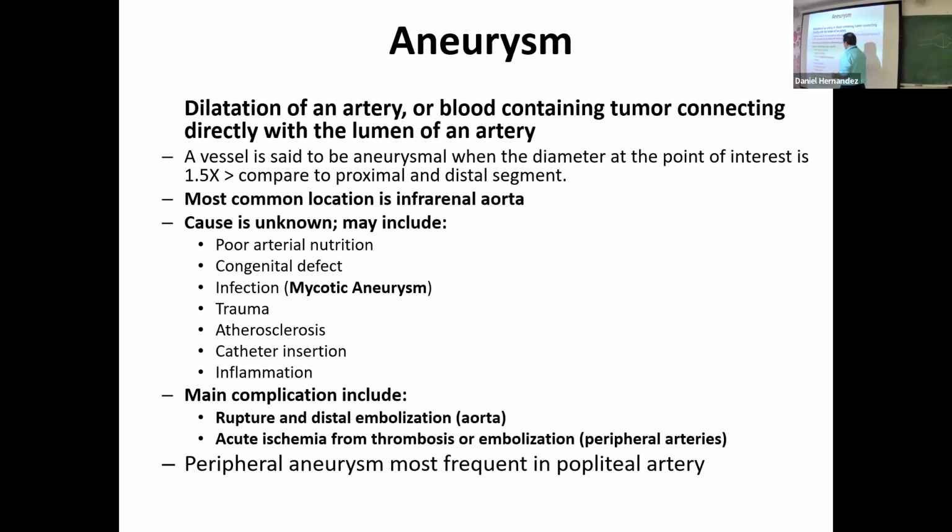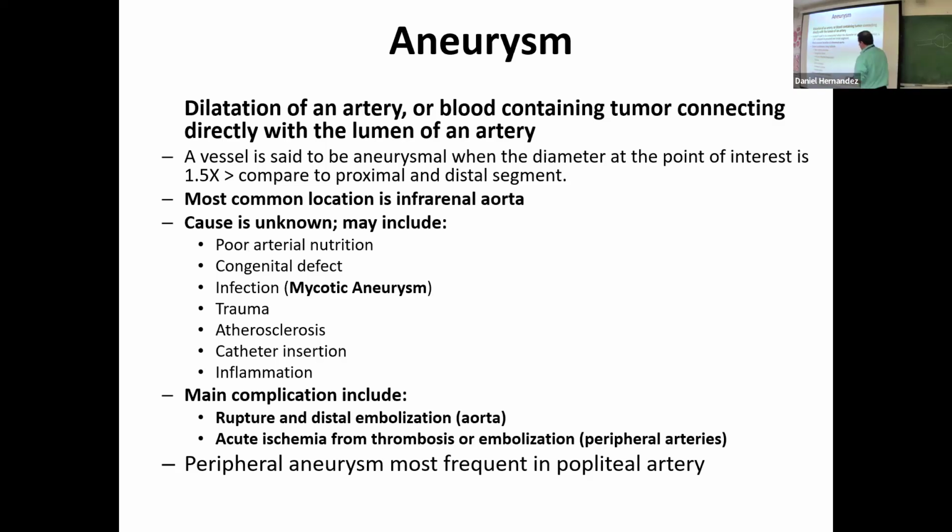With congenital defects, Marfan syndrome is a big one that leads to aneurysm, Ehlers-Danlos. You also want to put on here hypertension as well. Hypertension is another thing that damages the arterial walls and could lead to development of aneurysm.